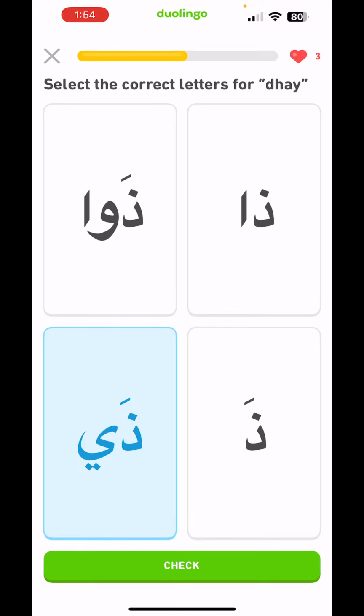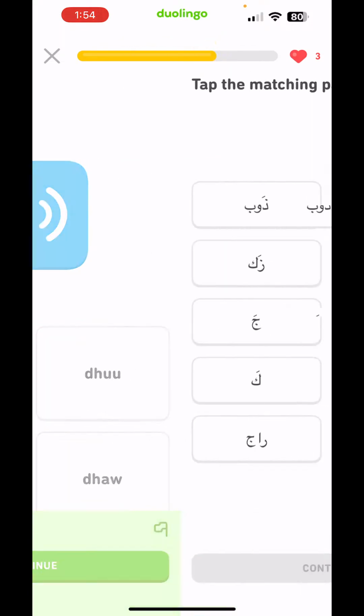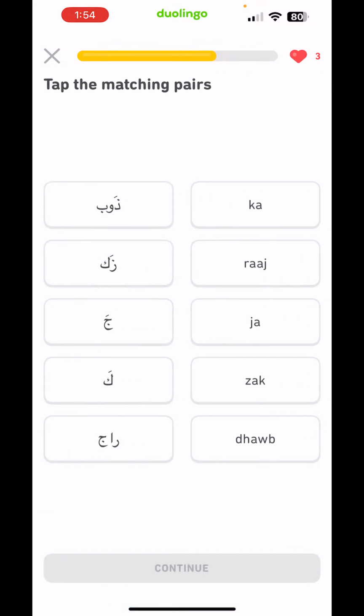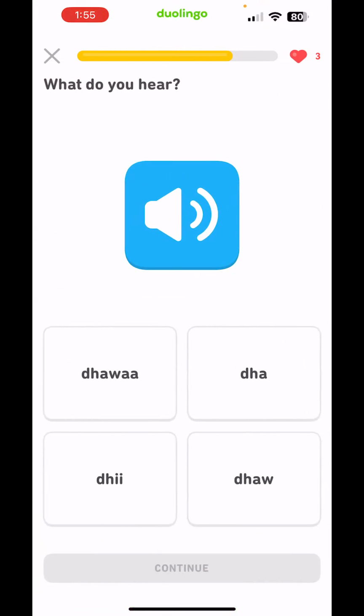Oh, because it has like an E sound at the end. Okay, that kind of makes sense. That. Okay, so that's something with a B. Thobe. Oh gosh, what's this? Zach. Ja. Z. Oh, that's a ka? What? Oh, Zach. Oh, I see. Okay. And then it's a Z. Raj. Okay, that was something.